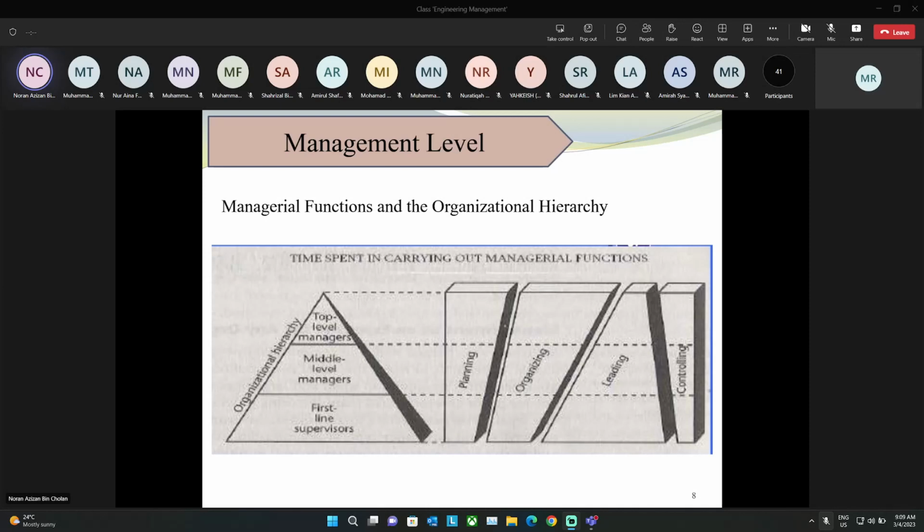But the main thing here is that if you see the figure here, for the first line supervisors, for example, engineers or supervisors, the least they do is planning and controlling. Mostly what they do is the leading.